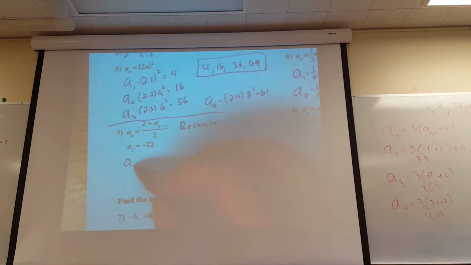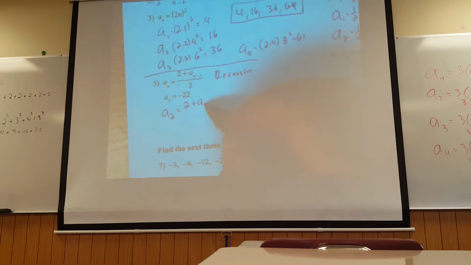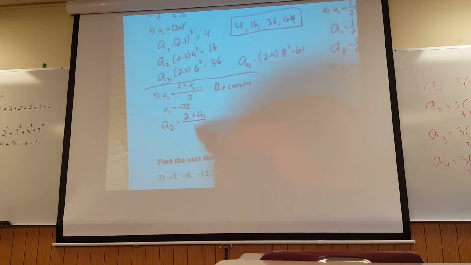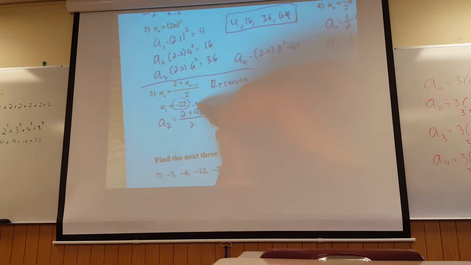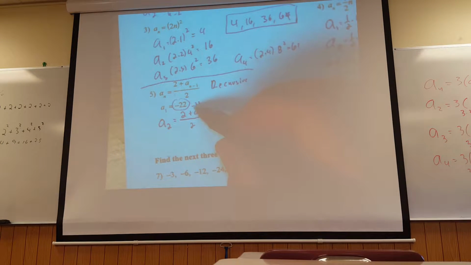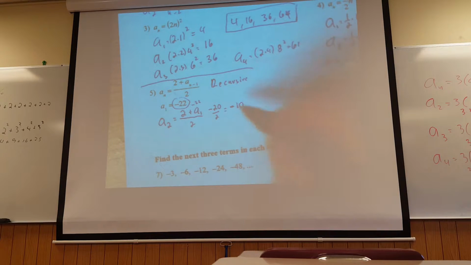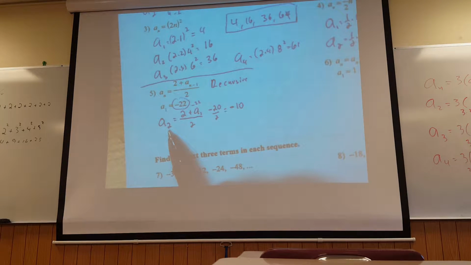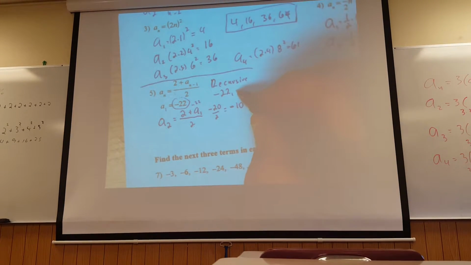So the second term, a2, equals 2 plus a1 over 2. Now, a1, you know, is negative 22. So 2 plus negative 22 is negative 20 over 2. So the answer is negative 10. So the second term is negative 10. So we started with negative 22, and we went to negative 10.